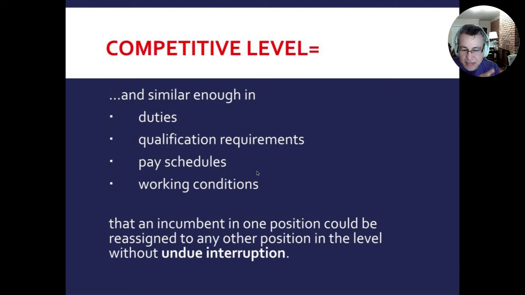And that's not really defined anywhere, but I've seen anecdotally that generally that's if you can do something and be trained to do it within 90 days. So if I was an attorney, which I am, and they wanted me to work in IT, I couldn't do that because that would take more than 90 days to train me to do that.